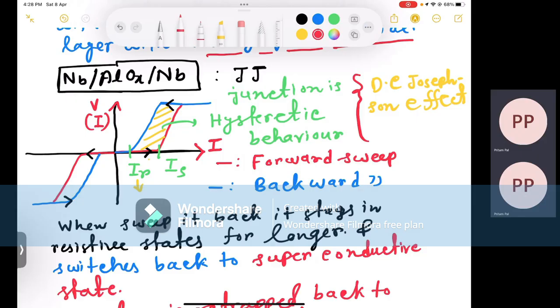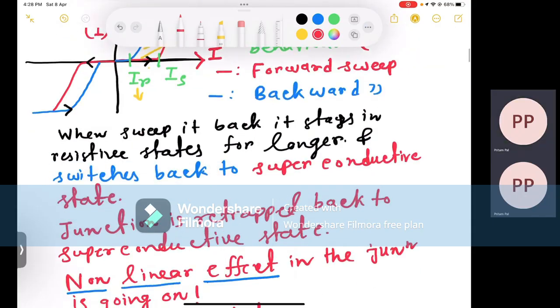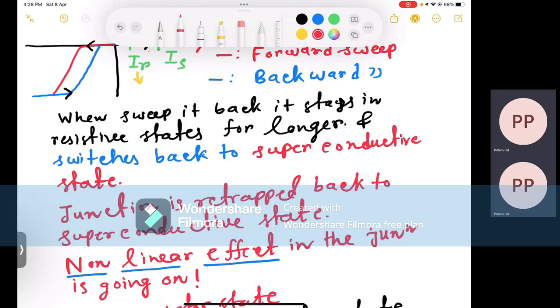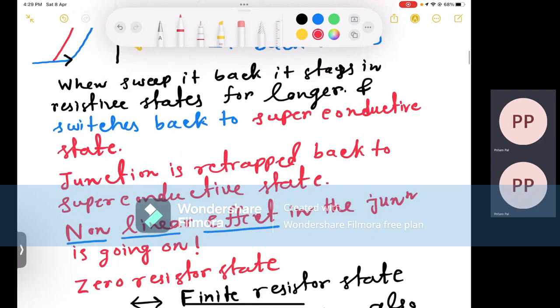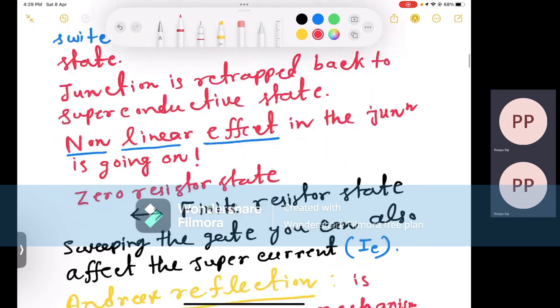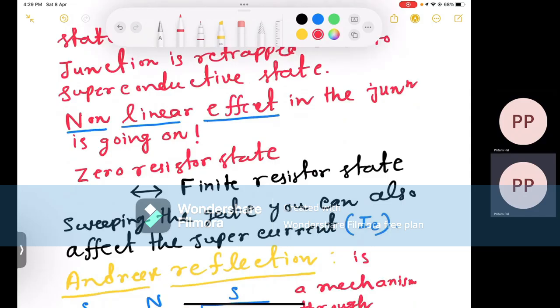This is the hysteretic behavior we can see in the IV characteristics of this Josephson junction. When it sweeps back, it stays in the resistive state for a longer time and then switches back to the superconducting state. So basically, the junction is retrapped back to the superconducting state. This is a non-linear effect in the junction that you can see.